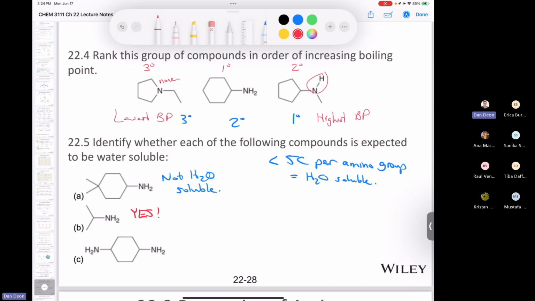Remember, we want to have 5 carbons or less per amino group. Anybody have an idea about that one? So this one, if you count the total number of carbons, you have 6 carbons per 2 amino groups. So therefore, it's going to be 3 carbons per 1. Therefore, yes, this will be water soluble, like that.